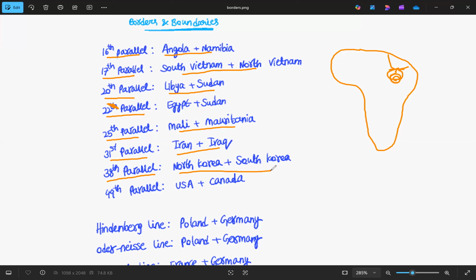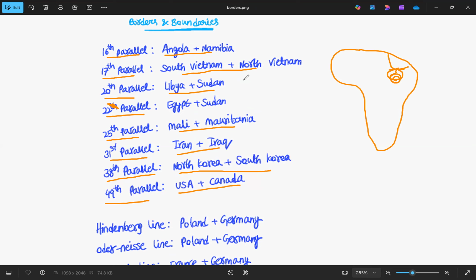The next one is the 49th parallel. This is the longest international border, almost covering a distance of 8,900 kilometers. It is between USA and Canada. USA and Canada are divided by the 49th parallel.